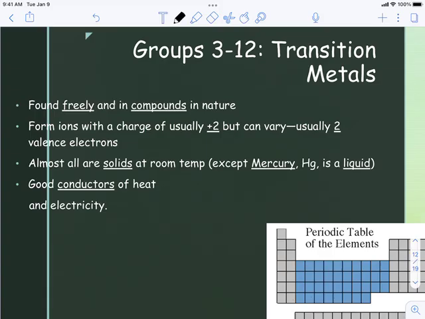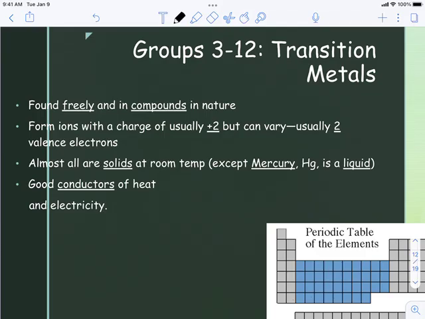Group 3 to 12, this is kind of like the indent in the periodic table. We just call them collectively, groups 3 to 12, as transition metals, or the transition elements. Again, they are metals. They are weirder than the other groups, which is why we separate them. We kind of indent it down there.